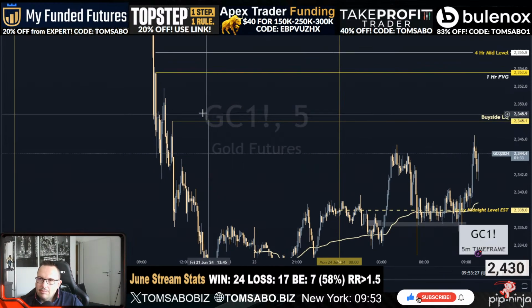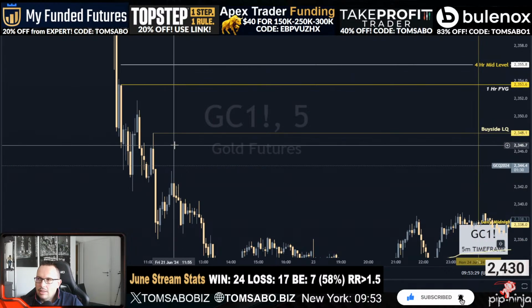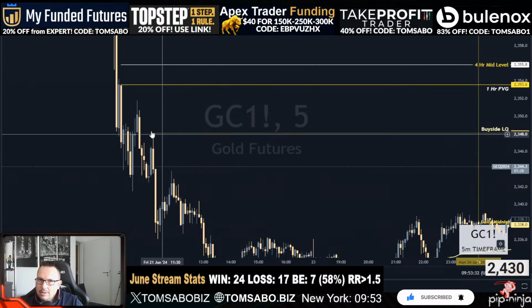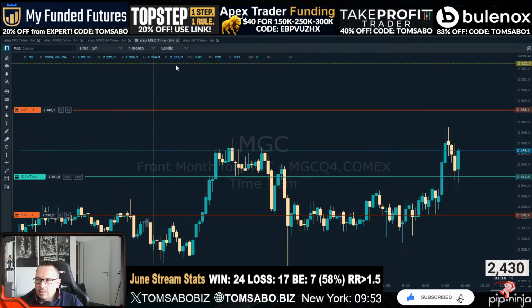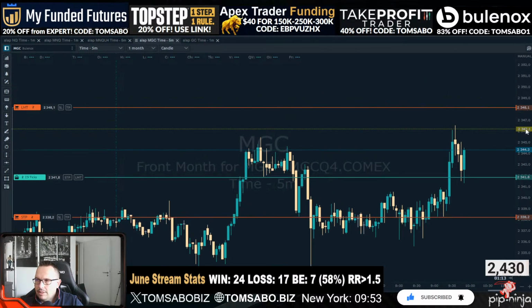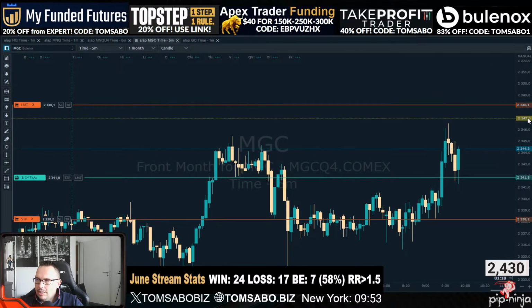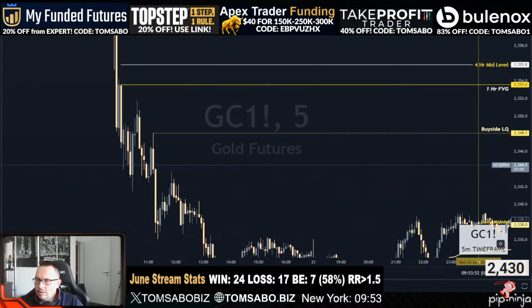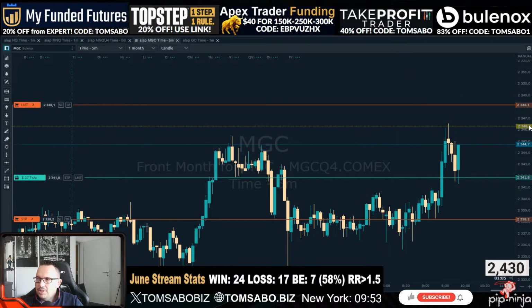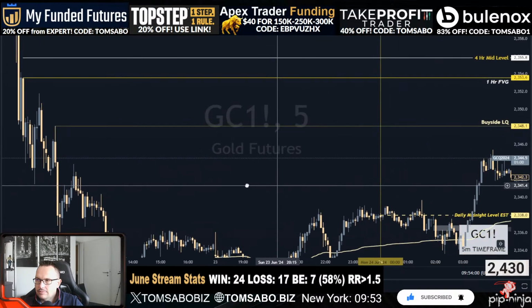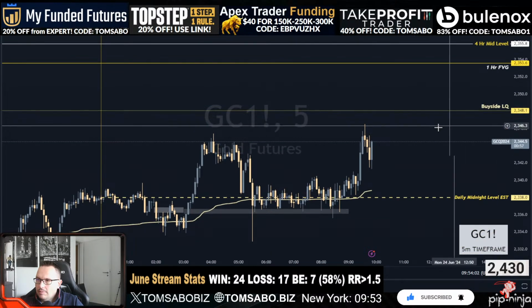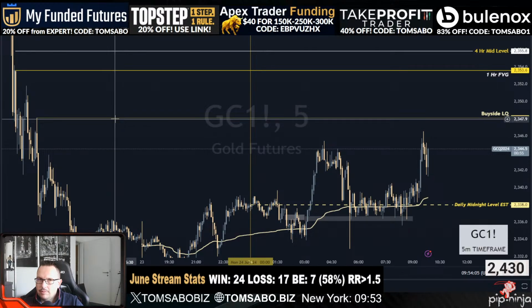This would be a low-hanging fruit here at 48.1. So I have to modify my TP. It's still going to be greater than 1.5, but I want to take a full TP at 48.1. That's going to be the low-hanging fruit for me.